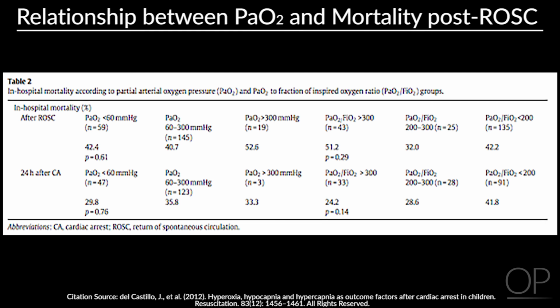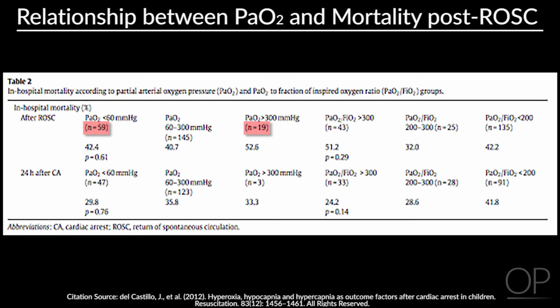And what they ended up seeing is several differences from the adult data. First of all, hyperoxia was quite uncommon, and interestingly, hypoxia was less common than what was seen in the post-cardiac arrest phase of adults.